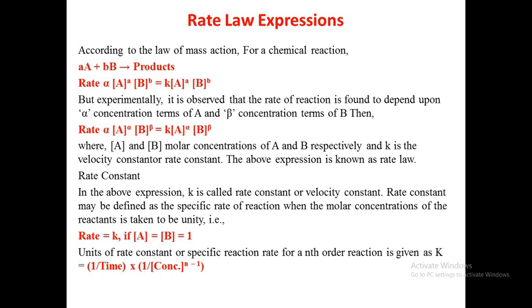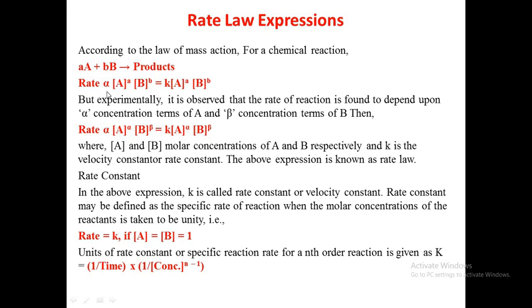Now let us discuss rate law expression. Suppose we have a chemical reaction: reactants A and B react to give products, and their coefficients are a and b. We have seen that the rate of a chemical reaction is directly proportional to the product of the concentration of the reactants to the power of their stoichiometric coefficients.